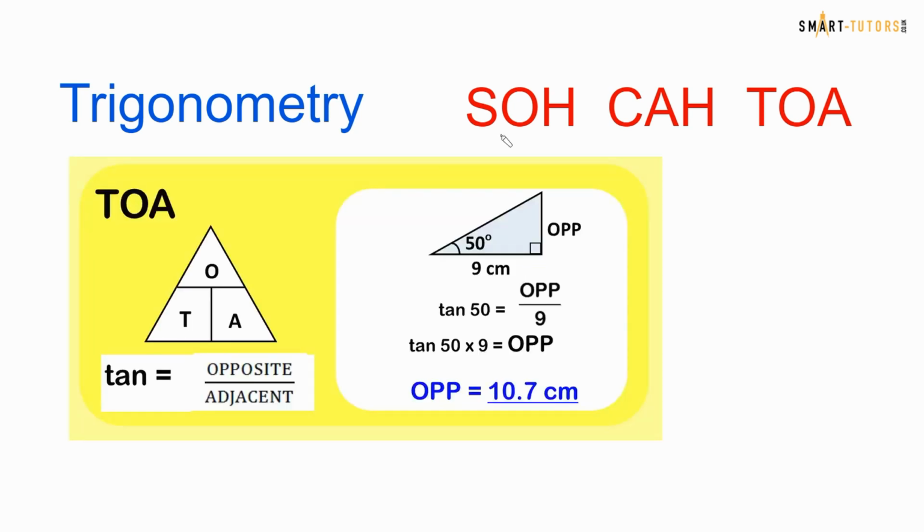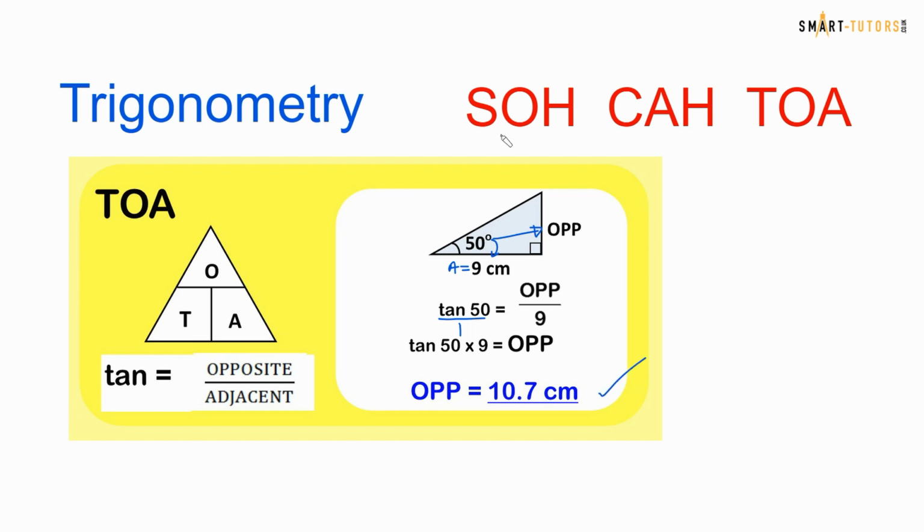The last ratio is for tangent. Tan of any angle is defined as opposite over adjacent. If you look at this triangle, the opposite side is O, and the adjacent side is 9. So tan 50 equals opposite over 9. Cross multiply: 1 times opposite is opposite, and 9 times tan 50 is 9 tan 50.